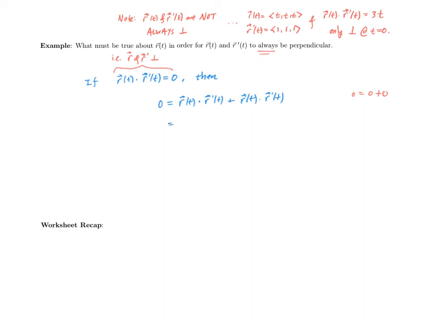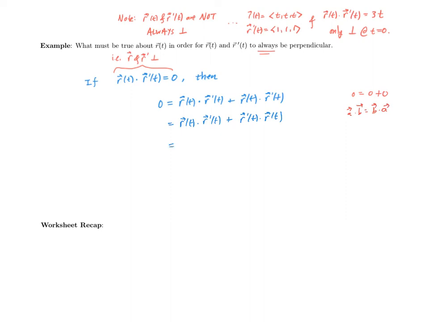Furthermore, the order in which we take a dot product, we said, does not matter. So with this second part, we can write this as r prime of t dotted with r. The reason we can do this is that a dotted with b is always equal to b dotted with a. The dot product is commutative.